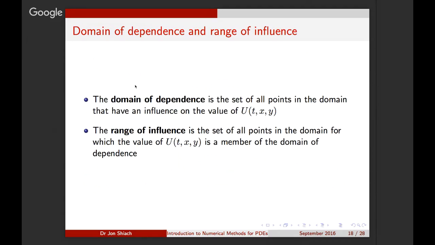The range of influence is the other way of looking at it. It's the set of all points for which, if this point changes, what other points does it affect? Bear with me, I'll give a couple of examples of that.